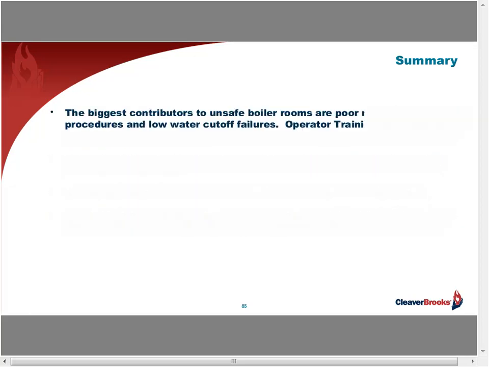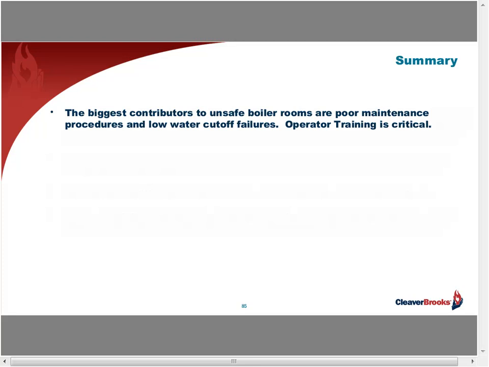Okay, the biggest contributors to unsafe boiler rooms are poor maintenance procedures and low water cutoff failures. Operator training is critical. You can do this online, you can do it in person, people will come to you, and they will tailor a program just for your operation. As far as Cleaver-Brooks is concerned, it doesn't matter if it's a Cleaver-Brooks boiler or not.